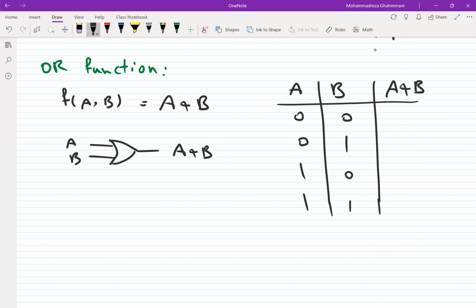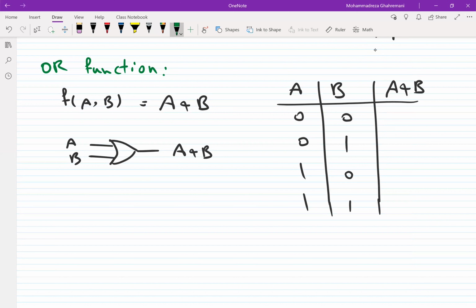What is the output of an OR function? If we look at these input combinations here, we see that only for the first combination, all inputs are equal to 0. I said that the output is 1 if all the inputs are 0. That was wrong, sorry.